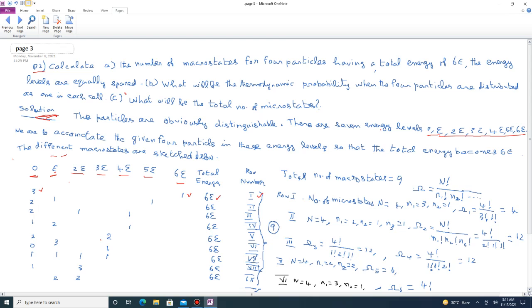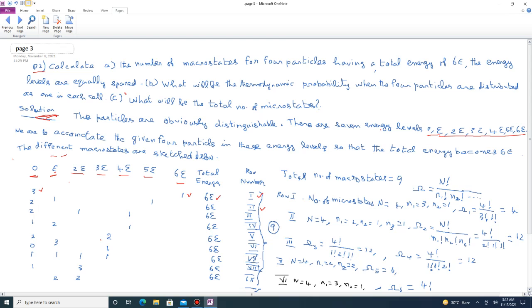So this is one macrostate, and in the macrostate 3 particles are having energy 0 and 1 particle is having 6E. So the total energy is 6E. So another possibility, this is the second macrostate.